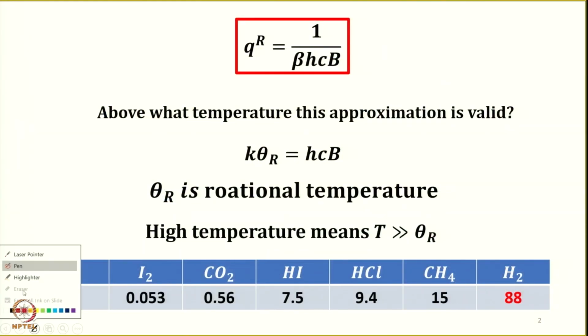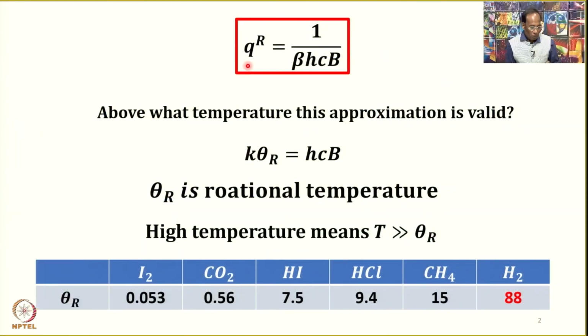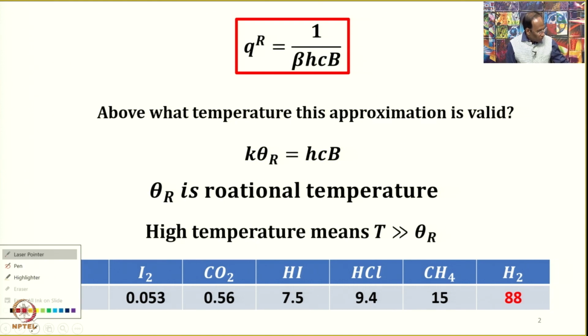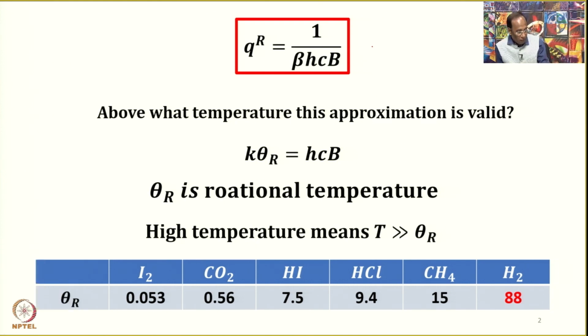For an asymmetric linear rotor, we derived that the rotational partition function is given by 1 by beta hcB, where we know that beta is equal to 1 by kT.